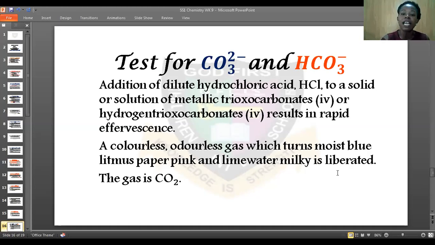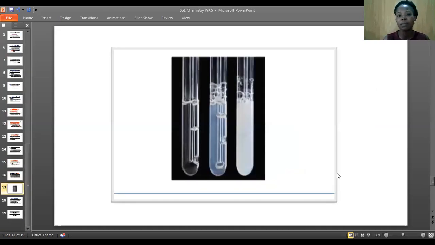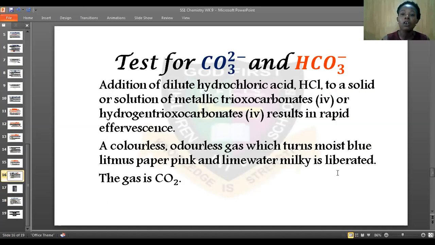So carbon(IV) oxide is what is produced because those substances, when we talked about their reaction just now, react with acid to give off carbon(IV) oxide. So let's take a look at this image. You see, that carbon(IV) oxide, when you bubble it through lime water, will give you a precipitate, so it will turn it milky. So these are the tests for carbonate(IV) and hydrogen carbonate(IV).